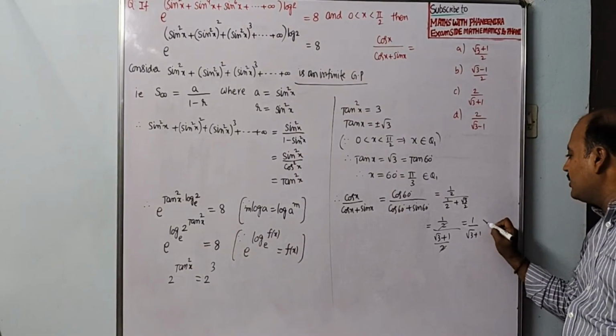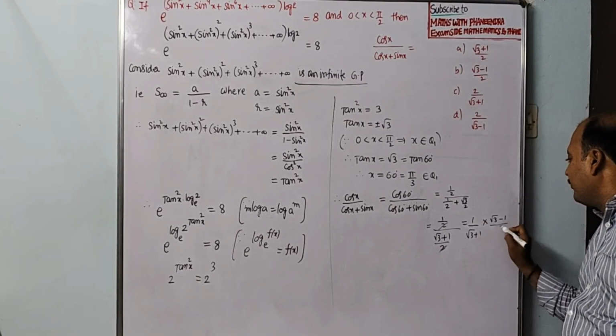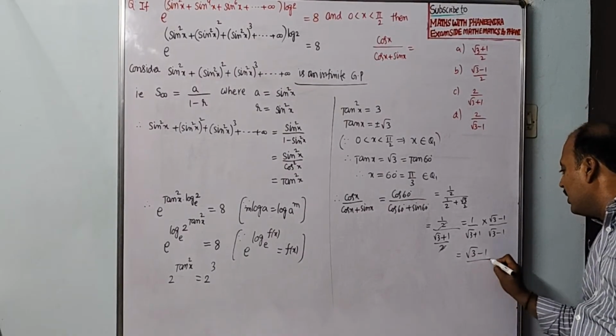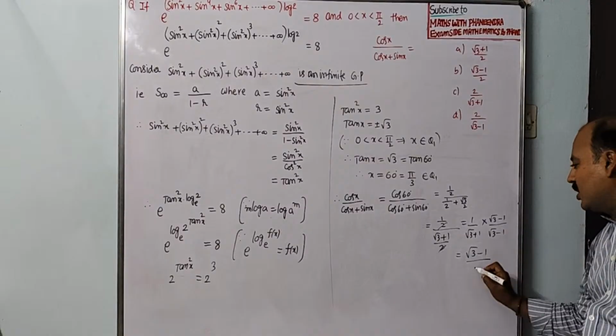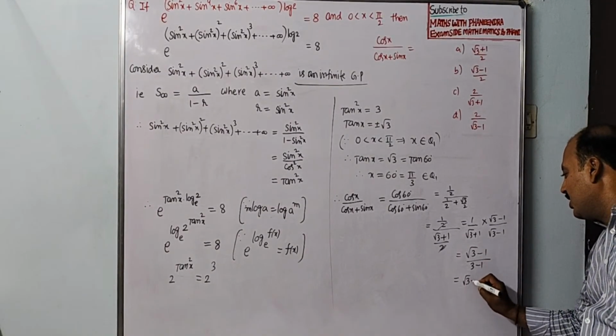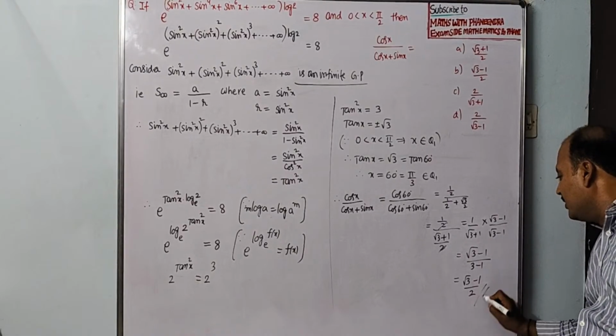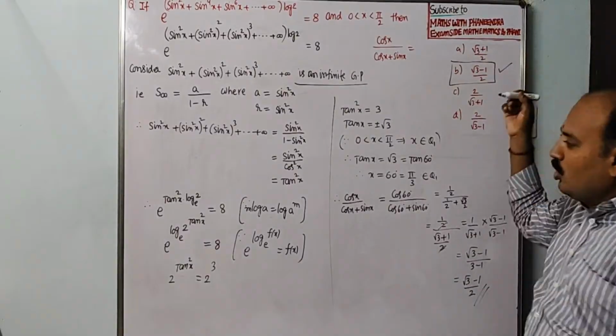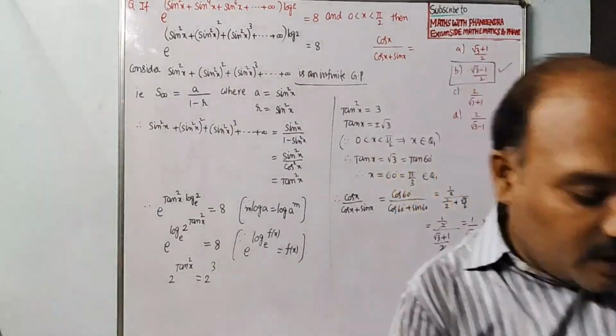Rationalizing the denominator, multiply and divide by root 3 minus 1: root 3 minus 1 divided by (a plus b)(a minus b), which is a square minus b square, so 3 minus 1, giving root 3 minus 1 by 2. It is the second option, dear students. I hope you understand. We'll move on to another question.